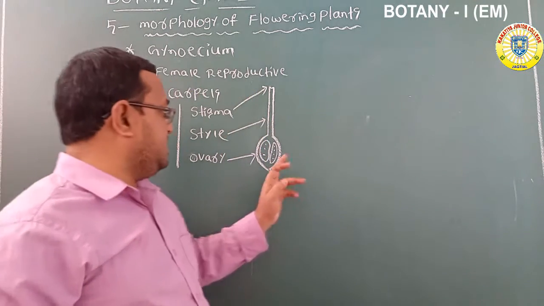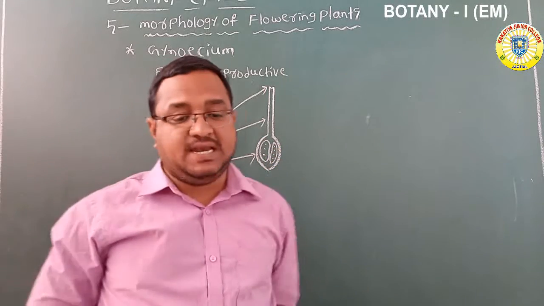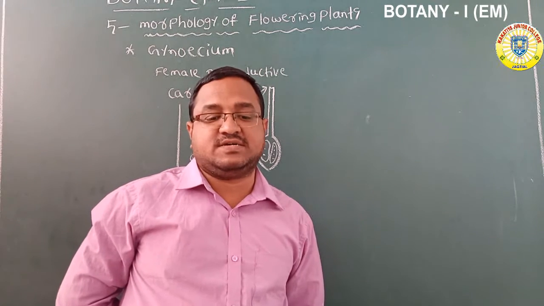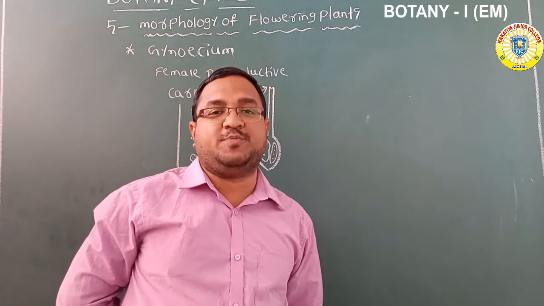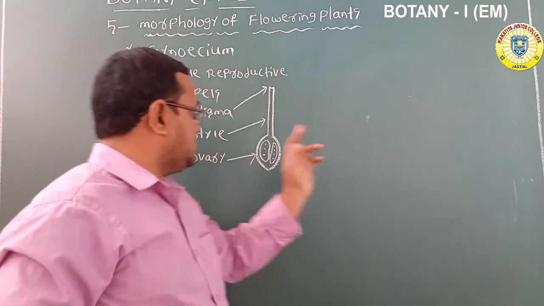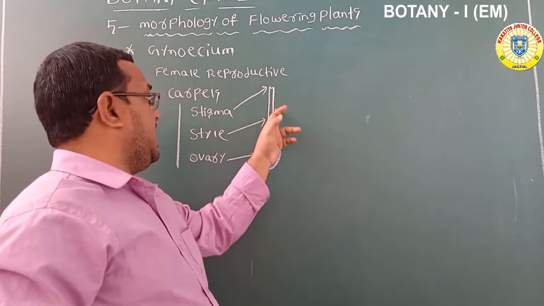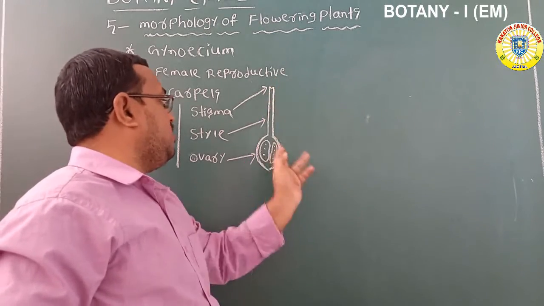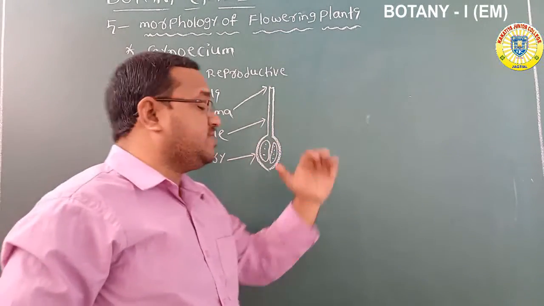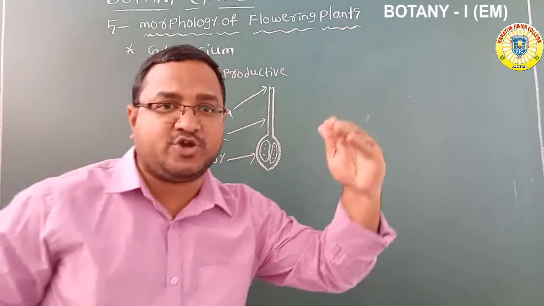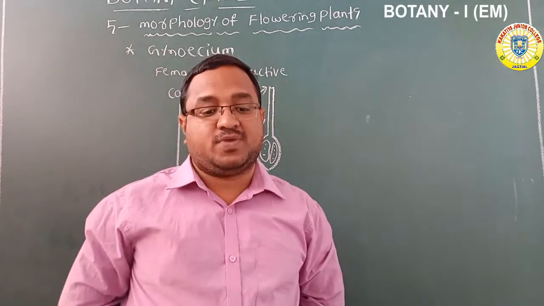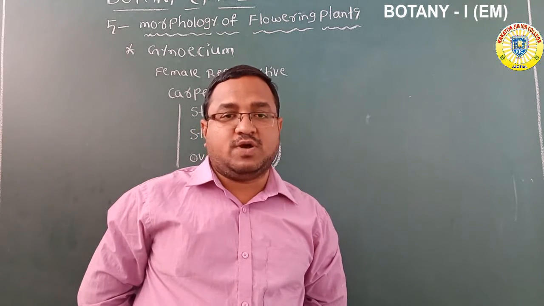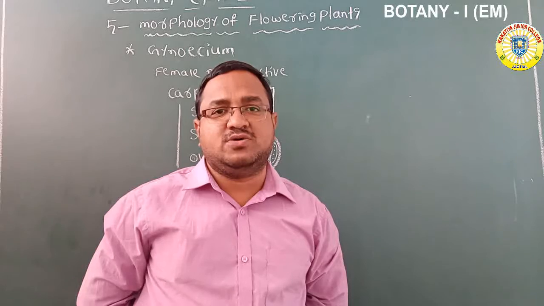The elongated tube that lies above the ovary is called the style. Stigma and ovary are both connected through the elongated tube, the style.